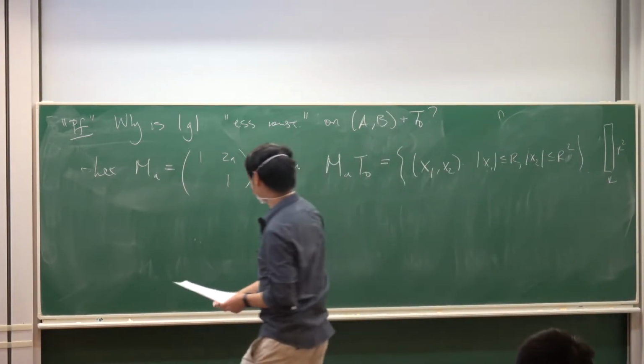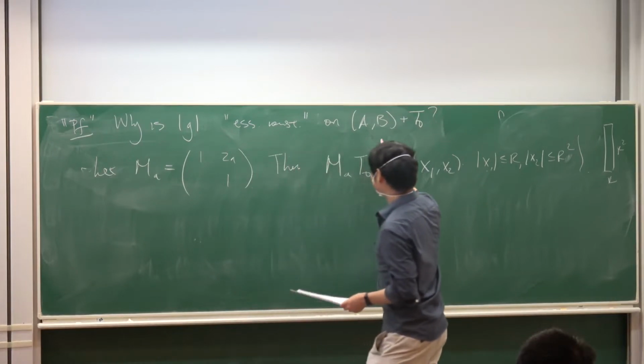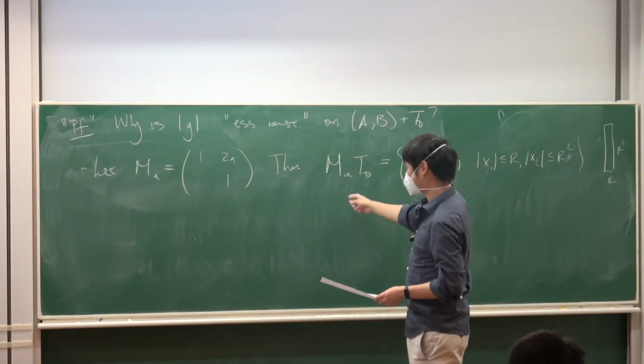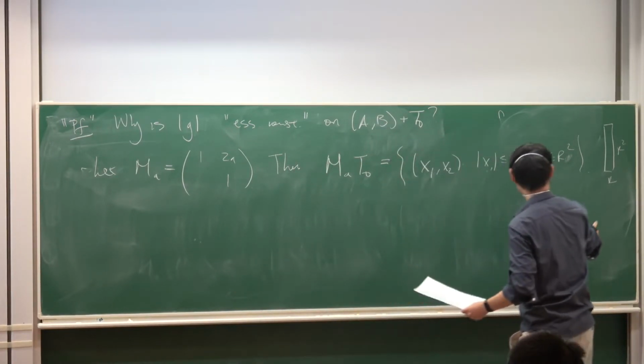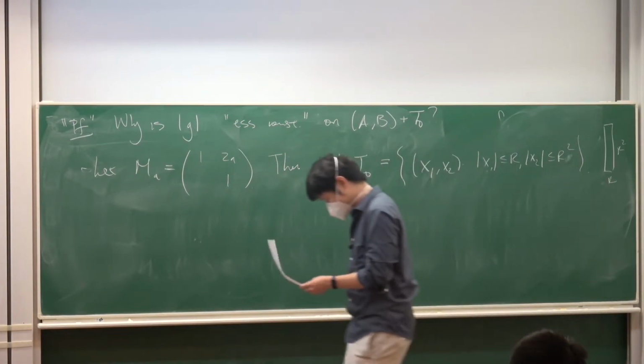So I want to ask, why is this constant on this? Well, I can just apply MA to everything and ask why am I constant on this. So let's rewrite the question. It gets annoyingly notational.